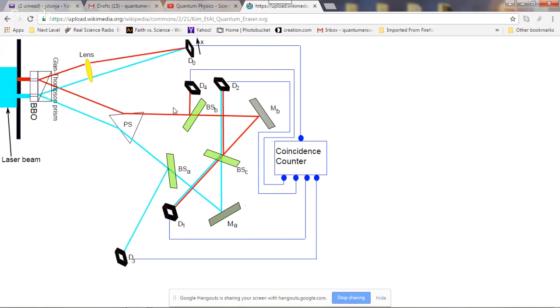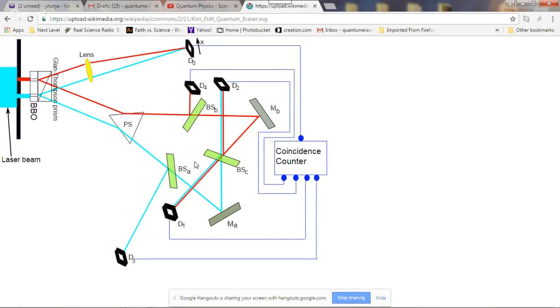Conversely, every single time D1 or D2 is hit, guess what happens? We get an interference pattern here. It's acting as if, because we don't know the path information, it went through both slits. Just like the previous experiment that I went over before. And it gives an interference pattern here. And at D1.